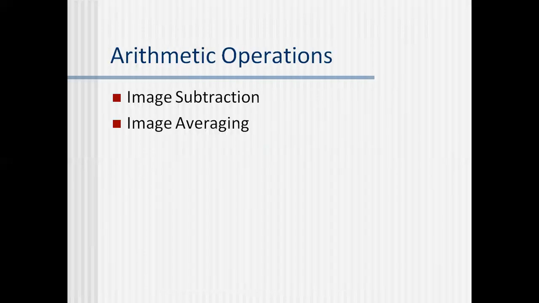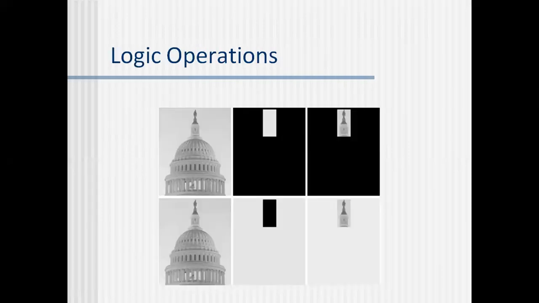Next one is arithmetic and logical operations. First one is arithmetic operations: image averaging, image subtraction, and image addition. Before going to discuss the arithmetic operations, what about the subtraction and what about the addition?